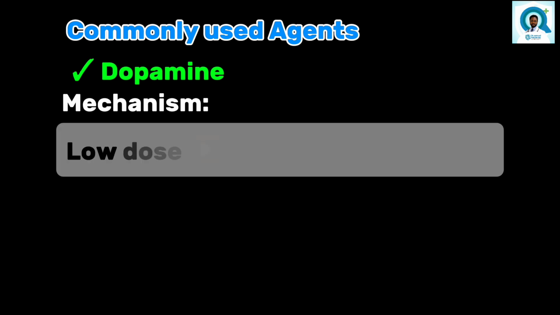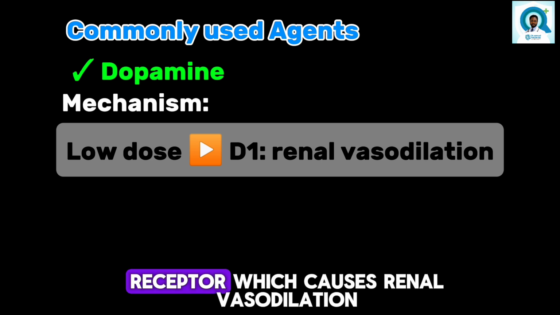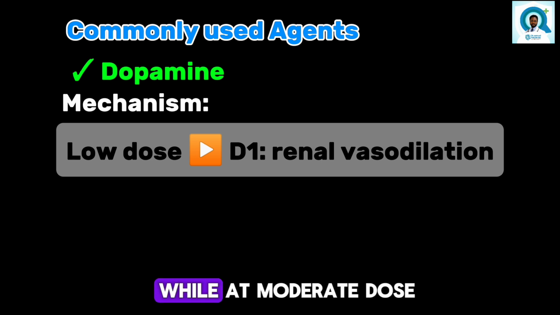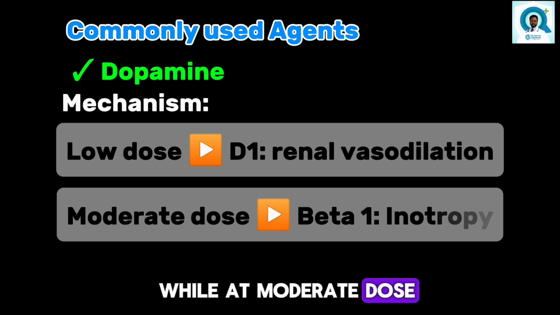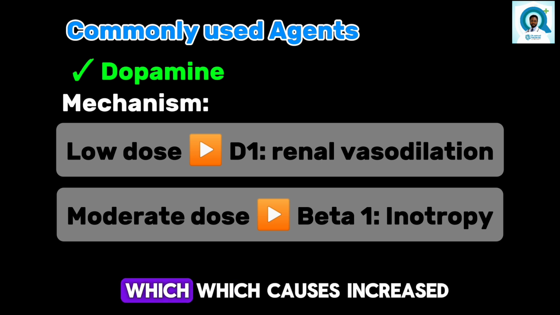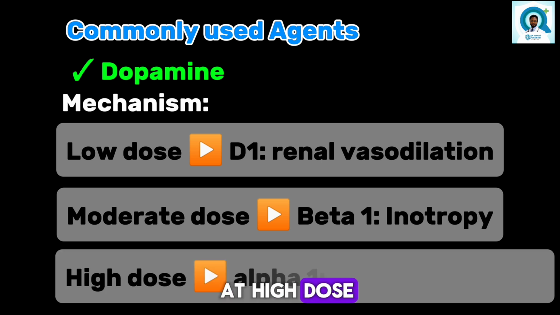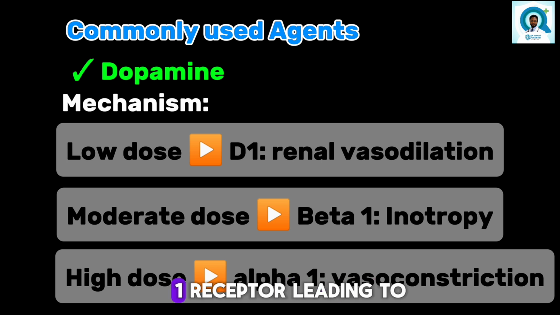At low dose, dopamine acts on D1 receptor, which causes renal vasodilatation, while at moderate dose, it acts on beta-1 receptor, which causes increased cardiac contractility. At high dose, it acts on alpha-1 receptor, leading to vasoconstriction.